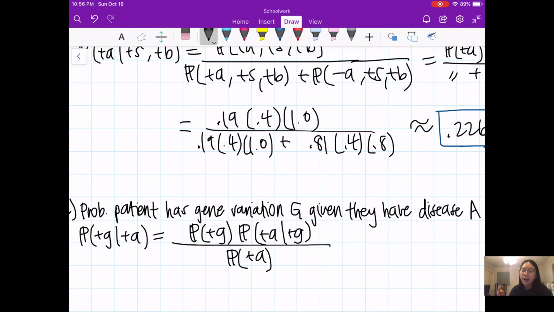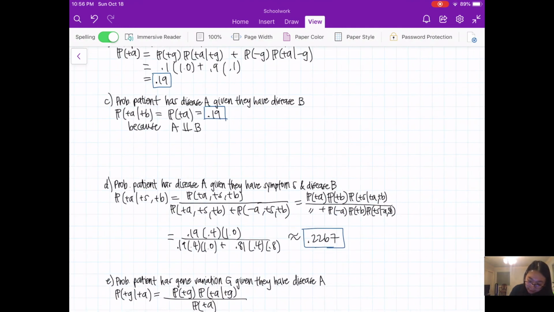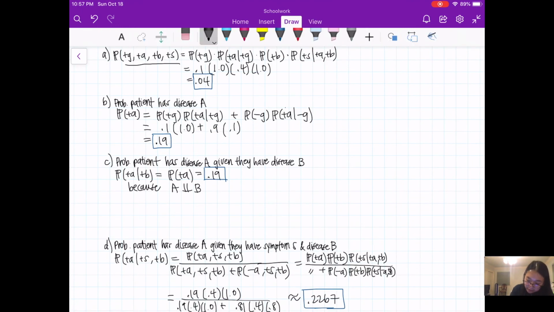Probability of plus A out in total probability rule, but if we look back on a previous subpart, we can see we already saw that denominator value in part B, so we can just directly plug in 0.19 for the value.